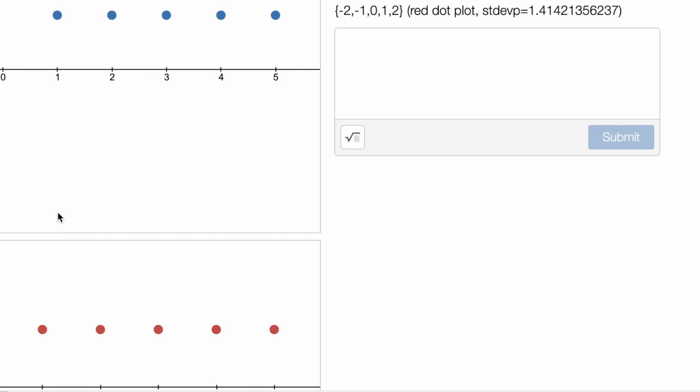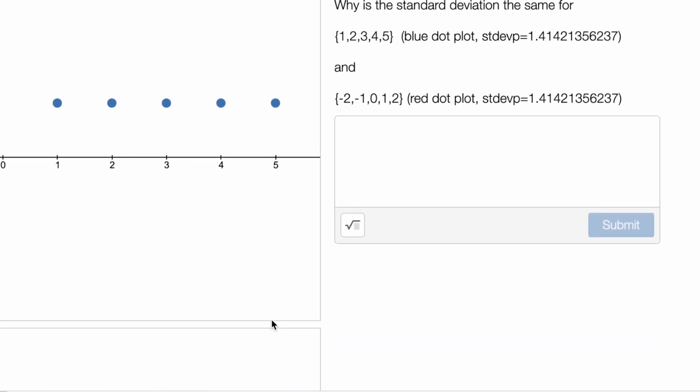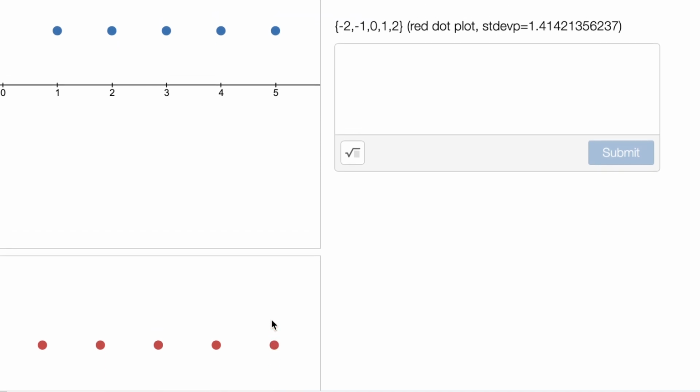At -2, -1, 0, 1, and 2. So why do you think the standard deviation would be the same for these two? What do you think? So type what you think there. Why do you think the standard deviation would be the same?